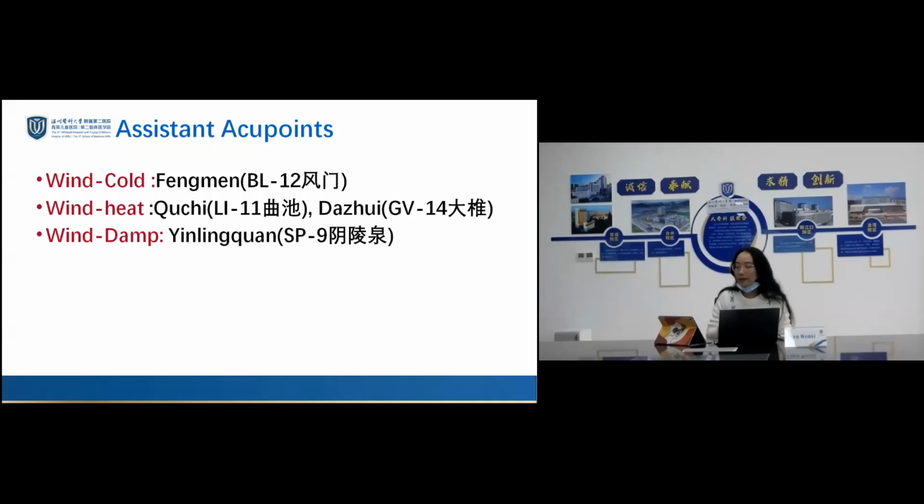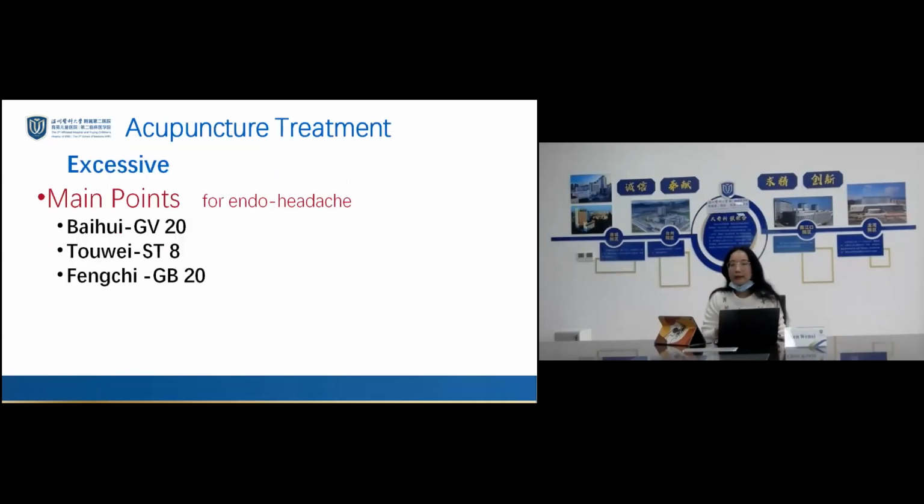And if it's wind dampness, we choose Yinlingquan spleen 9. This point is good at wiping out the dampness and supplying the spleen. So that's a differentiation. Then if it's a headache and it's excessive, we choose Bai Hui as well.